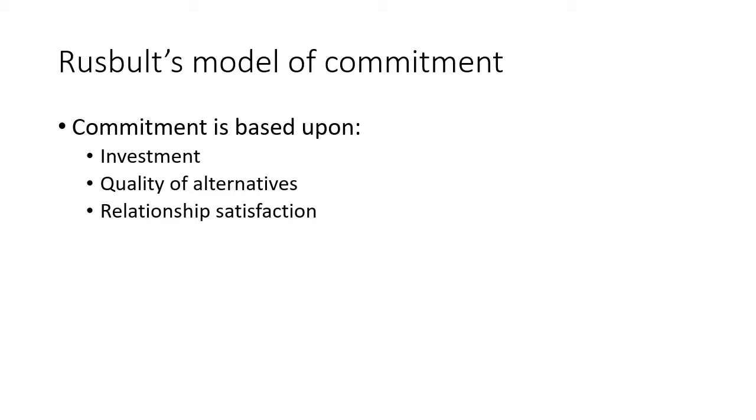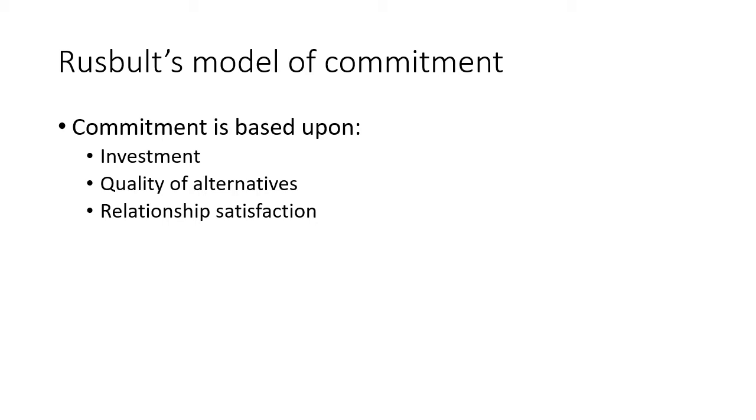So the more relationship satisfaction and investment you have, and the lower the quality of alternatives, the more committed you're going to be to your relationship. Whereas the lower investment, the higher quality of alternatives, and the lower relationship satisfaction, the less committed you're going to be.